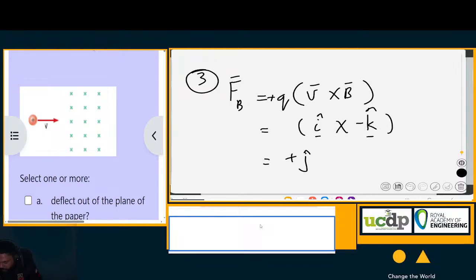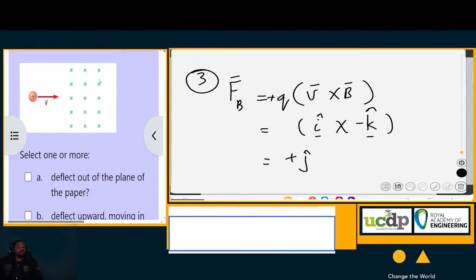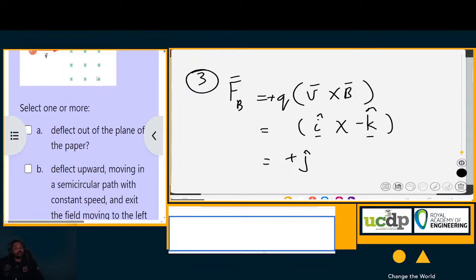Because the magnetic force is always perpendicular to the velocity, it will act as a centripetal force. So it will always push this particle upwards. So it won't change the particle's speed, but it will make it move in a circular path, as explained earlier on.